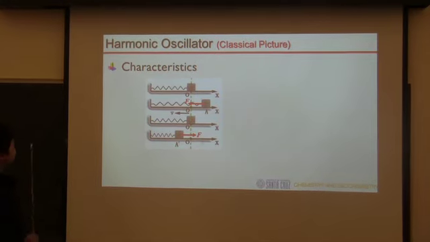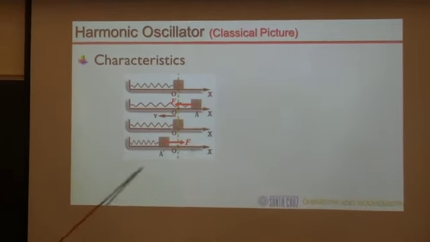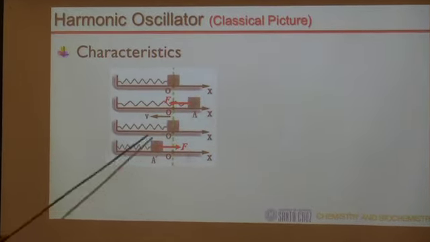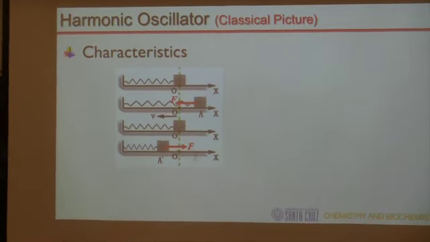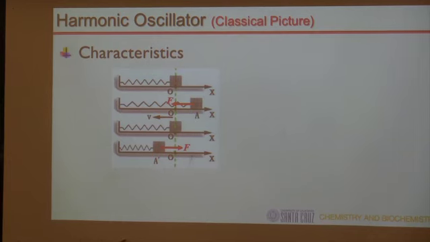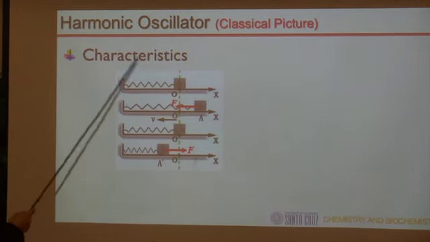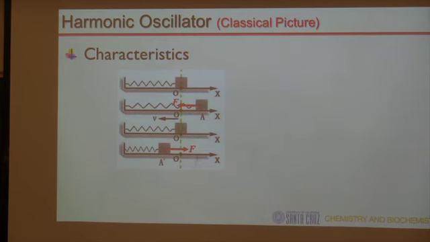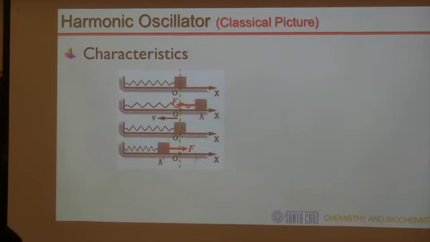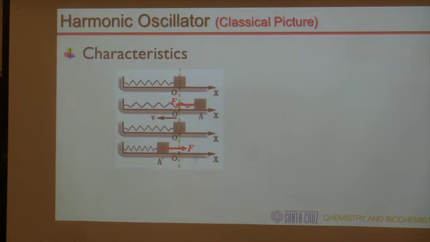I believe most of you have learned a picture like that in your physics class. Our object is connected with a spring, fixed on the wall, and vibrates. So let me ask you, what is called a harmonic oscillation? Everything can oscillate, but not every oscillation is treated as harmonic.